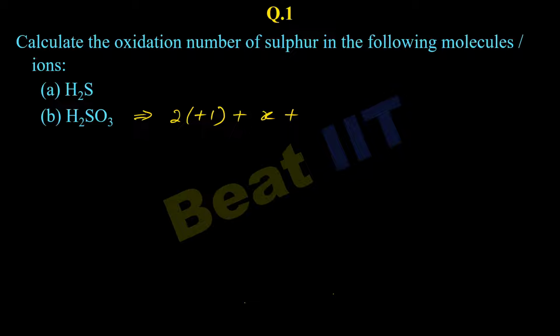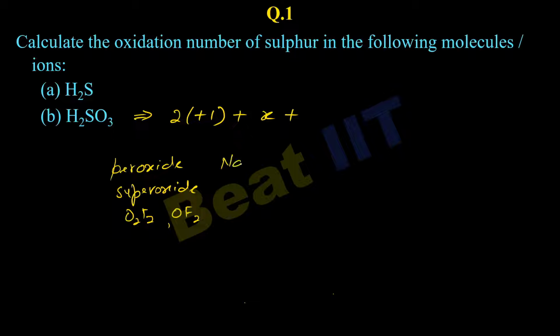Remember, oxygen has oxidation number -2 normally in its compounds, except if it is a peroxide or superoxide, or it is an oxofluoride. In these cases, the oxygen will have a different oxidation state other than -2.